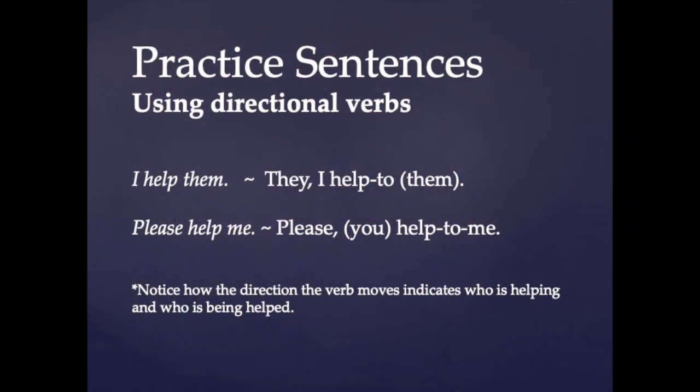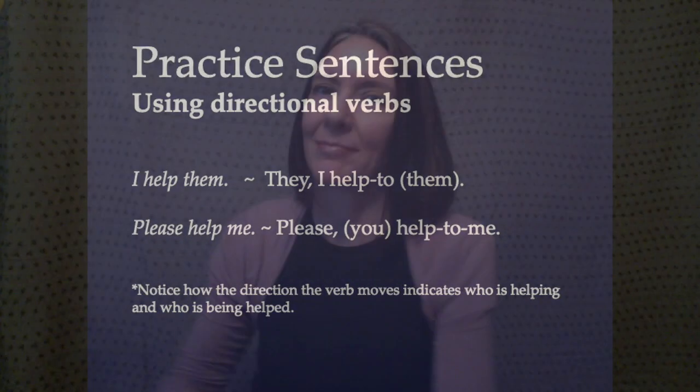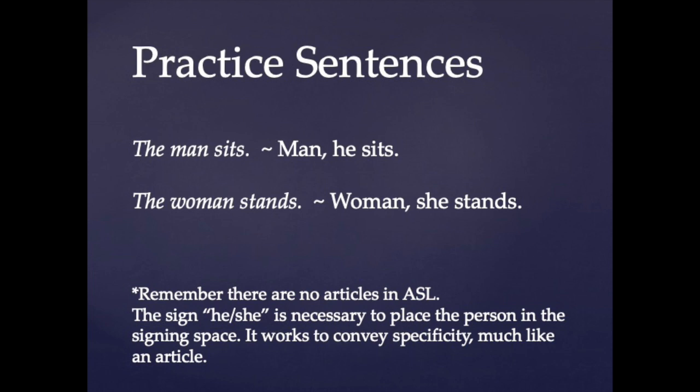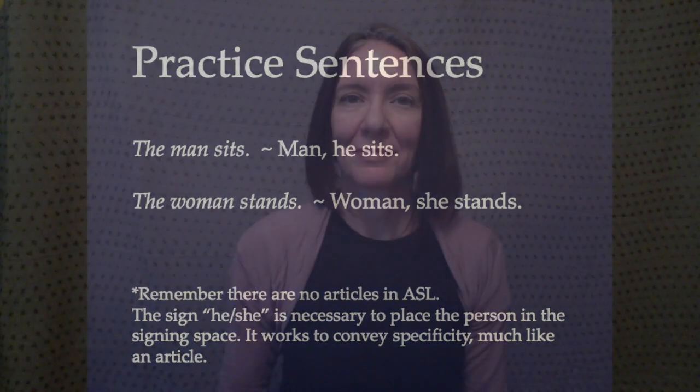In this next example, notice the direction the verb moves. It indicates who is helping and who is being helped. They, I help them. Please, you, help me. Remember, there are no articles in ASL. The sign he or she is necessary to place the person in the signing space and works to convey specificity, much like an article.